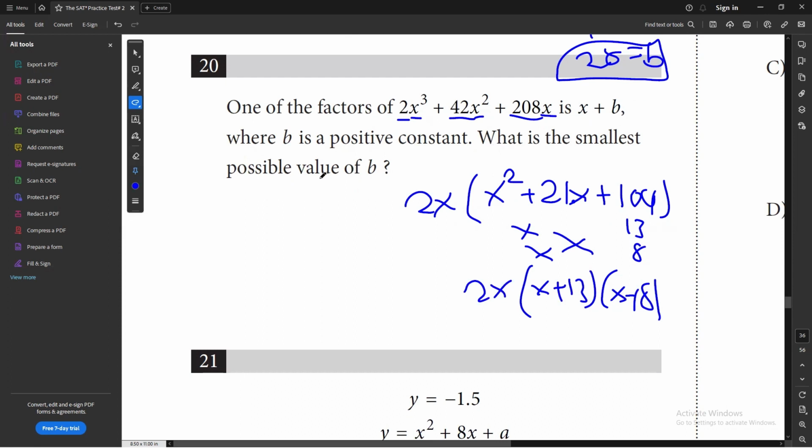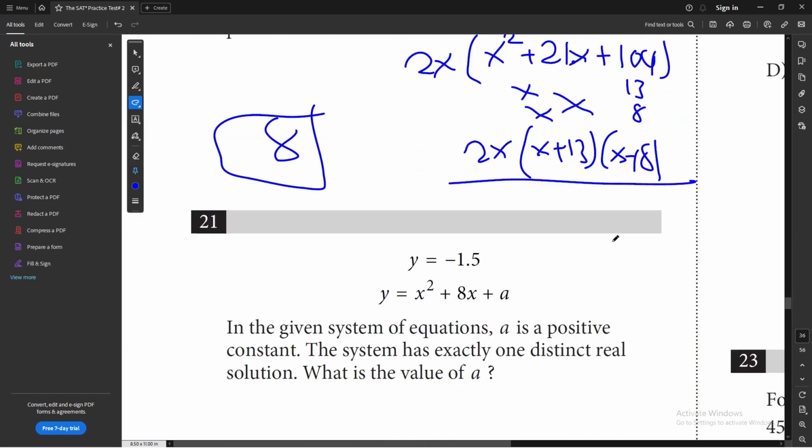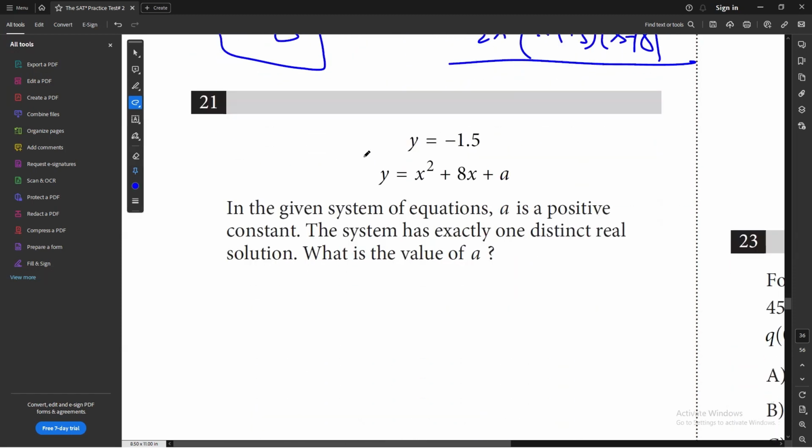And what is the smallest value of b? If I write it as x plus b, my smallest value will be 8, because over here we have x plus 8, x plus 13, and 2x, and it's going to be x plus 8.